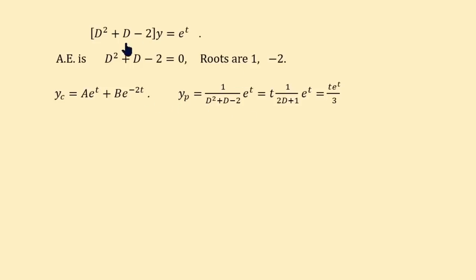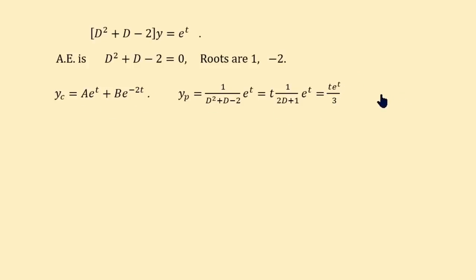Yp is 1 by D square plus D minus 2 of e power t. Put D equal to 1: 1 plus 1 minus 2 becomes 0. Therefore, t into 1 by f dash D, 2D plus 1, of e power t. Again put D is 1. So 2 into 1 plus 1 is 3. So t e power t by 3.